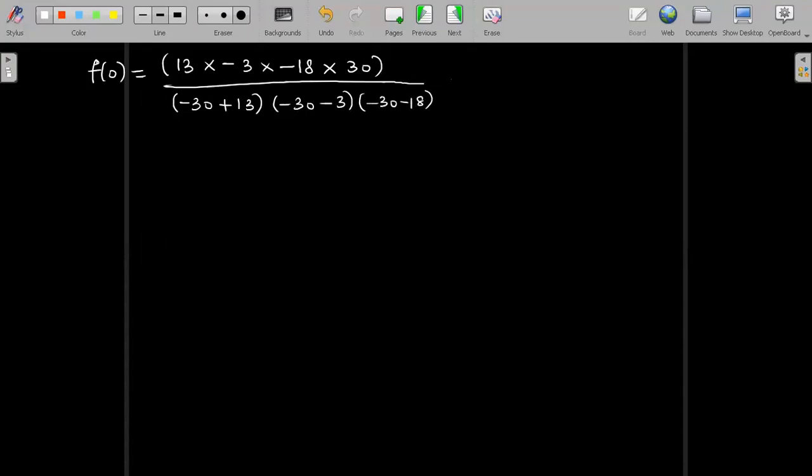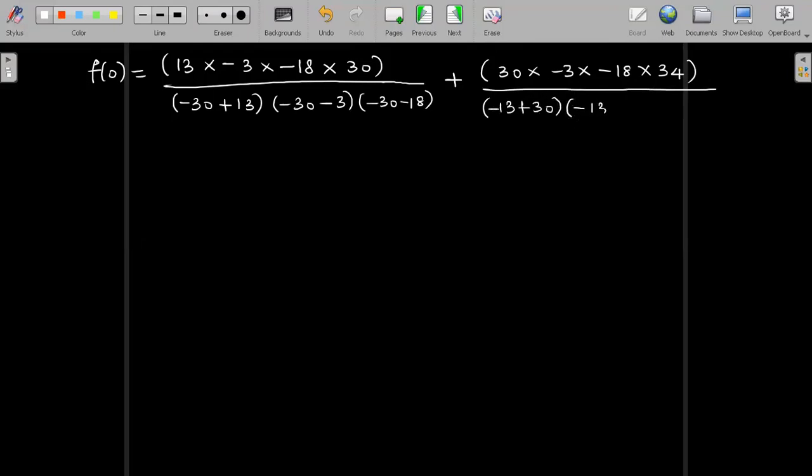So this is the first term for us. Similarly, for the next term I am going to write 30 into minus 3 into minus 18 into 34, the whole divided by the denominator minus 13 plus 30. The second factor is minus 13 minus 3, and the last is minus 13 minus 18.